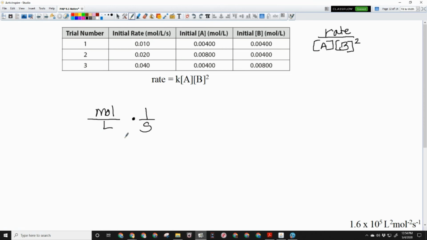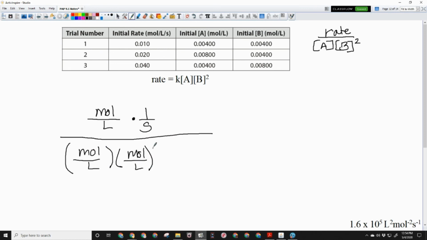All right, now this is going to be divided by moles per liters times moles per liters squared. So if we simplify this bottom here, remember when you are multiplying exponents, you're adding the exponents.